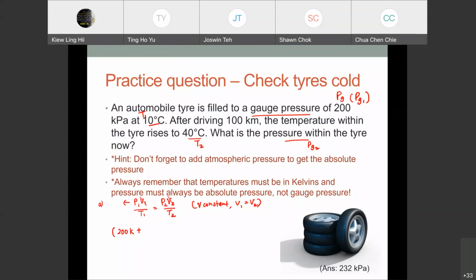So plus 1.013 times 10 to the power of 5, or you can put both with the prefix together, 101.3 K. Divide by temperature, 10 degrees Celsius, SI unit, plus 273. So P2 is what you need to find. 40 degrees Celsius, convert to SI unit.